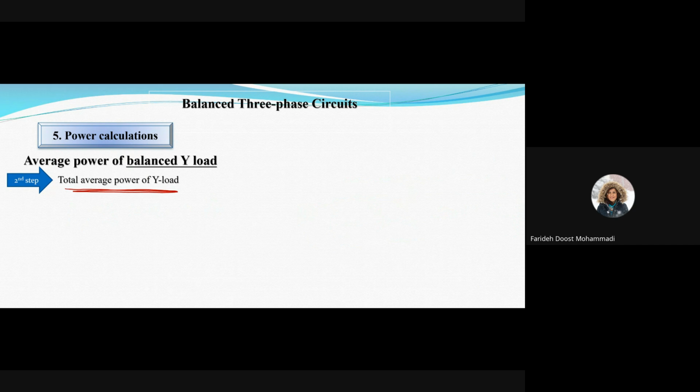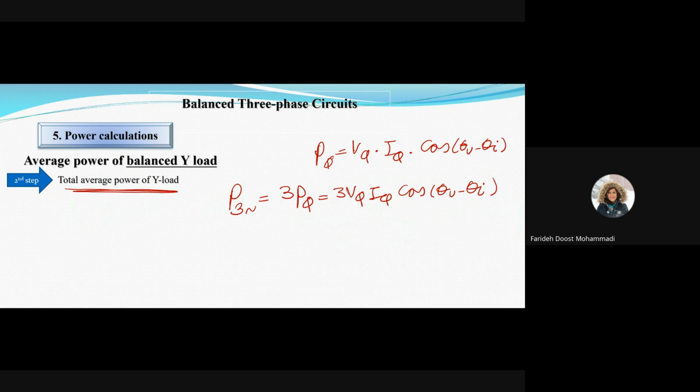So the only difference is that if you are working with one phase, you're going to say the average power for this single phase diagram is equal to V phase multiplied by I phase multiplied by cosine of theta V minus theta I. But if you are looking at a three-phase scenario, then the power of this three-phase circuit is equal to 3 multiplied by each phase power, and that would be equal to 3 multiplied by V phi I phi cosine of theta V minus theta I. So this is the whole three-phase power consumption.